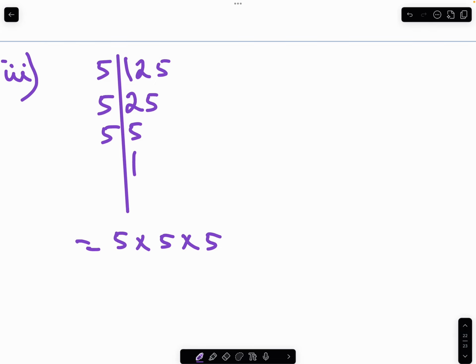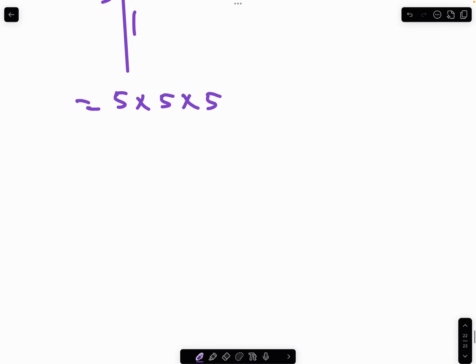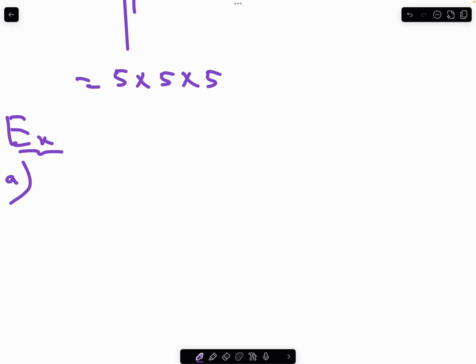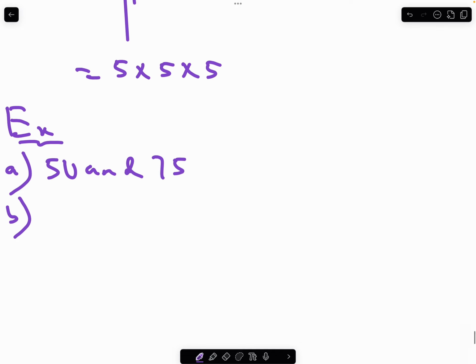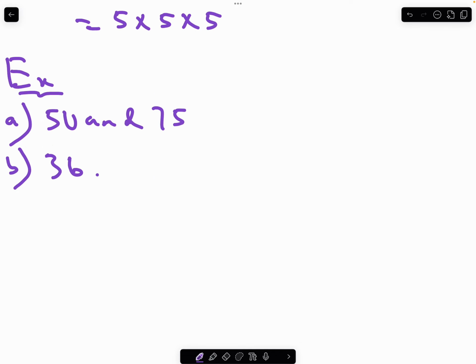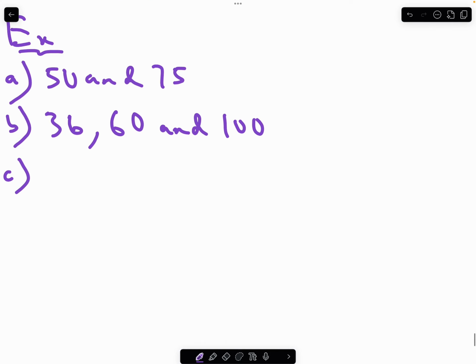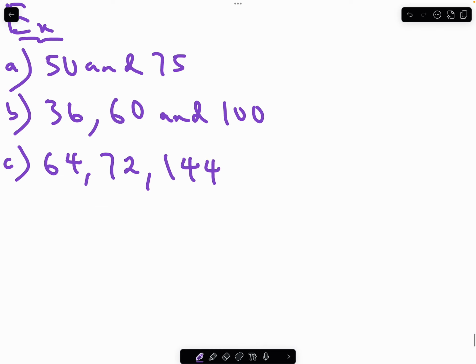Now let's see how to find the highest common factor of a set of numbers using the prime product method. Example, find the HCF of A, 50 and 75, B, 36, 60 and 100, and C, let's do 64, 72 and 144.